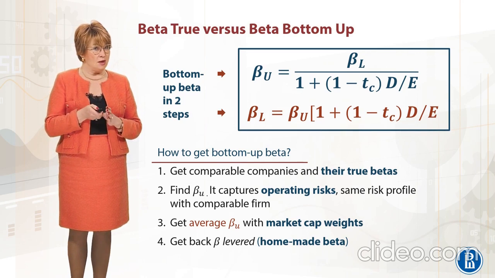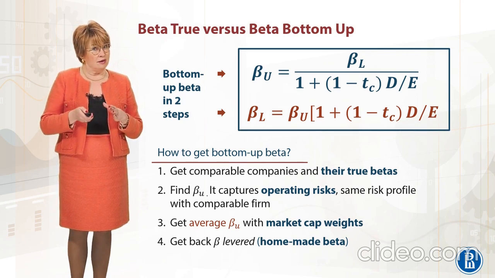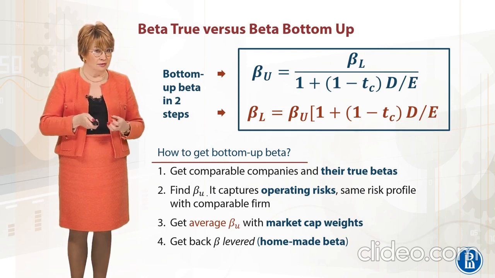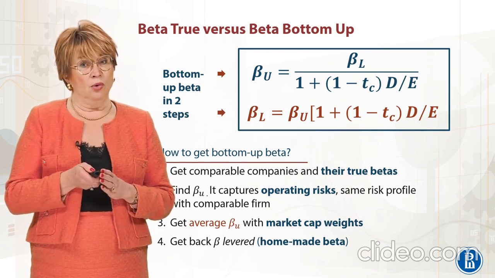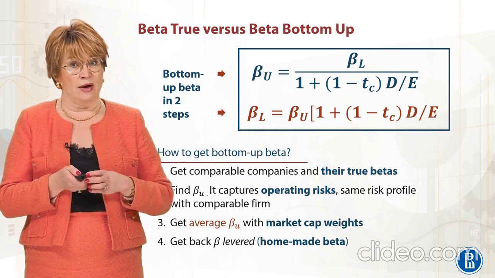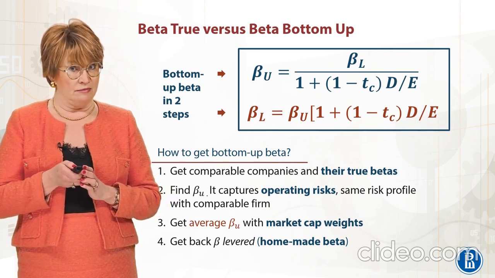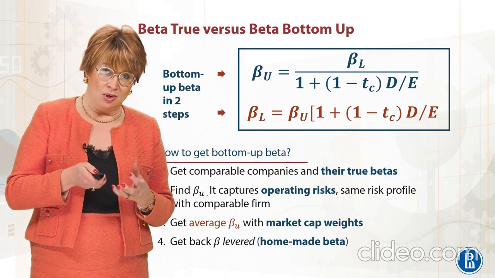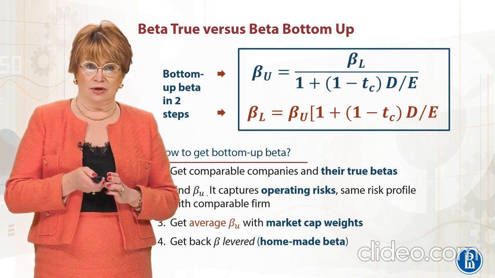In the second step, we can unlever their betas and get their beta unlevered, which will capture only the impact of operating risk drivers, but not the impact of financing policy risk drivers.